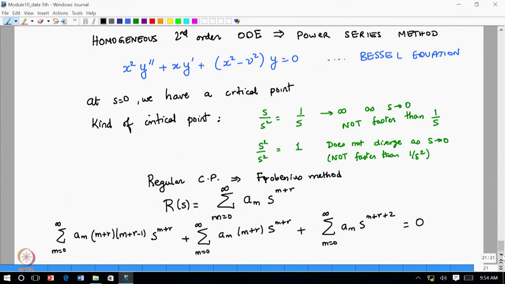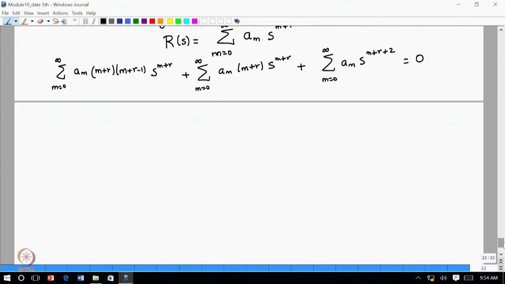And we can immediately see the power of s raised to r. So if you look at the coefficients of s raised to r, the sum of the coefficients of s raised to r on the left should be equal to 0.